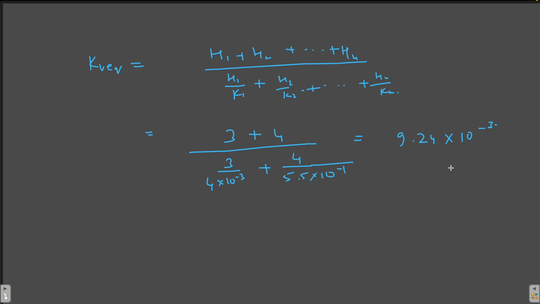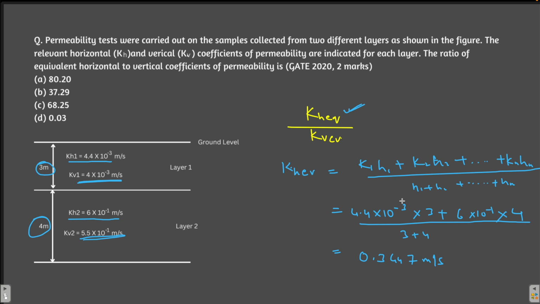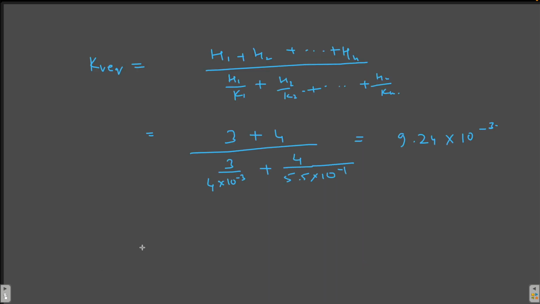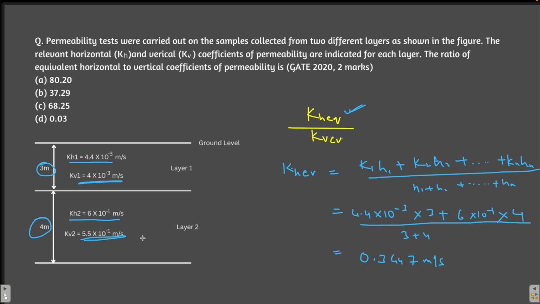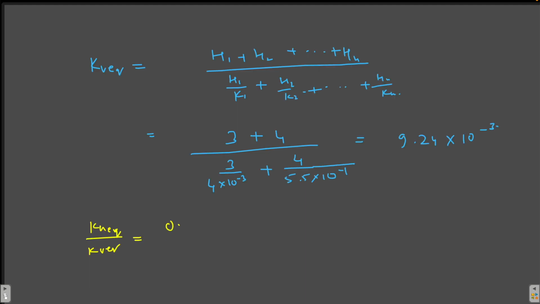Okay, now we have to find the ratio between these. So K horizontal equivalent by K vertical equivalent is equal to 0.3447 divided by the vertical equivalent, which is 9.24 into 10 to the power minus 3.